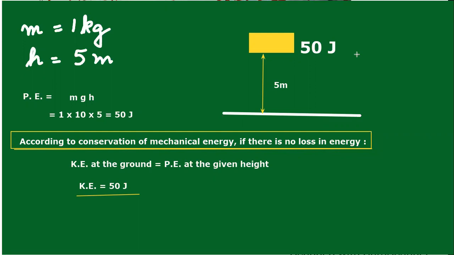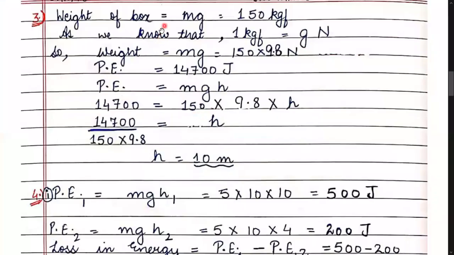So coming to the next question, children. Question number 3. You can try this question yourself, since you are now very familiar with the numericals of exercise 2A, and I have made you revise everything. So see question number 3.